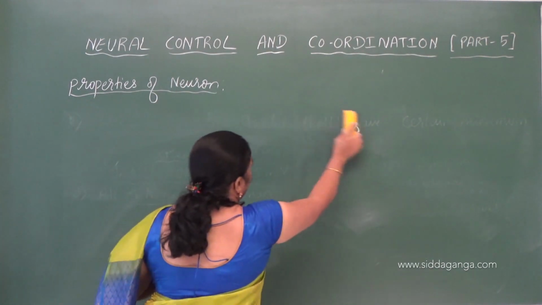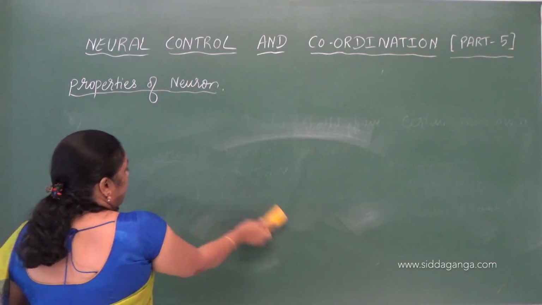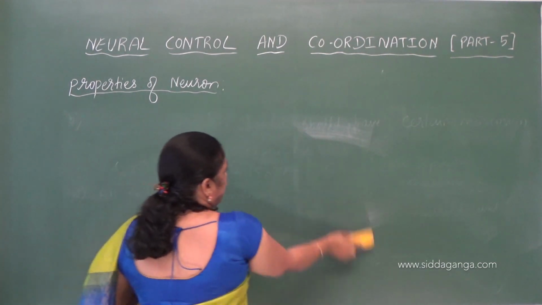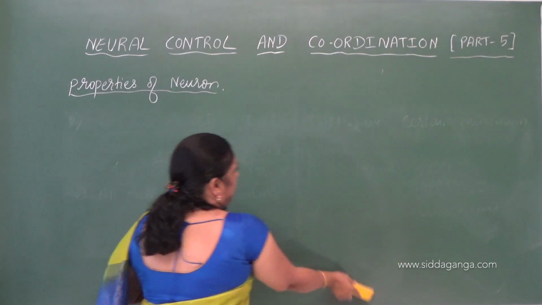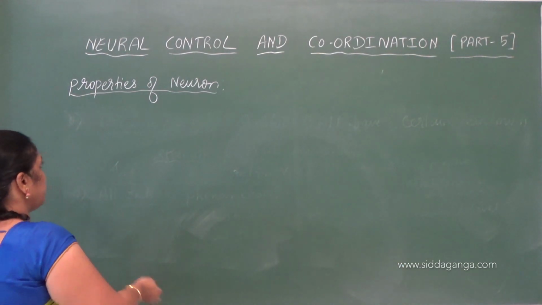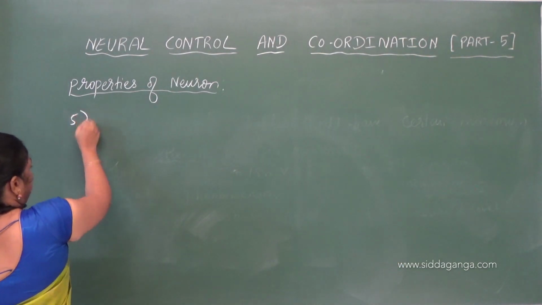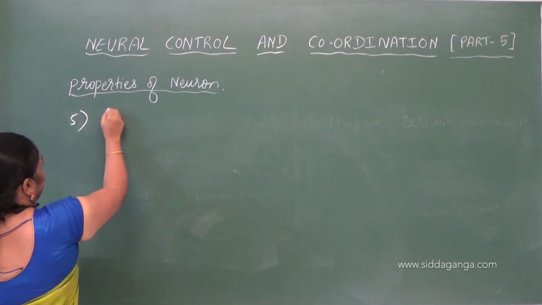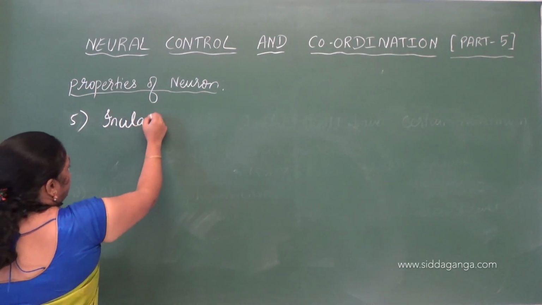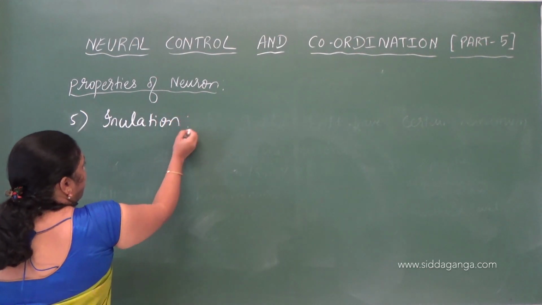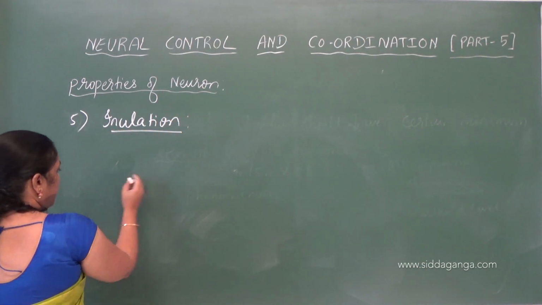So, unidirectional, always the impulse moves from axon to dendron. It follows forward movement. Insulation is provided by myelin sheath.